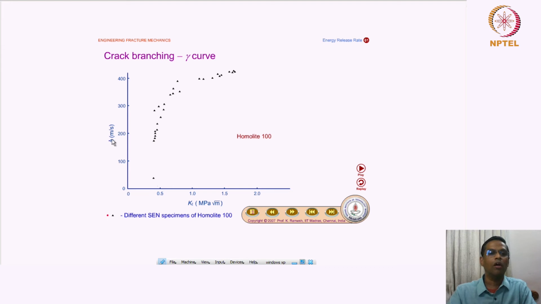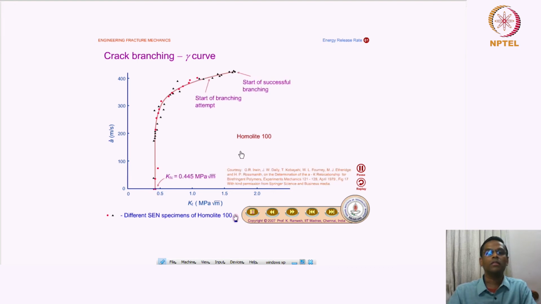This is a dot, that is meter per second, crack growth velocity versus K1, the stress intensity factor. So the curve goes in the shape of a gamma. That's why it is called a gamma curve. You should not confuse this with the surface energy. This is for the Araldite 100 material, and what is being estimated here is the start of branching.